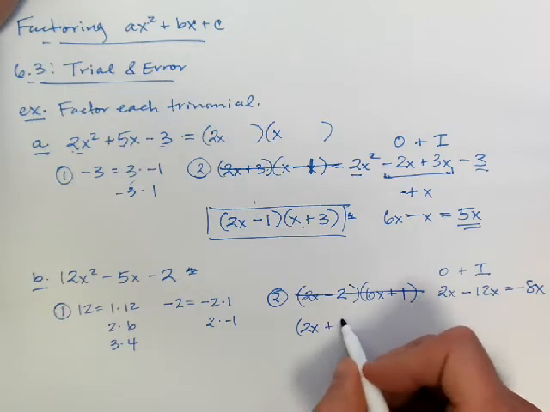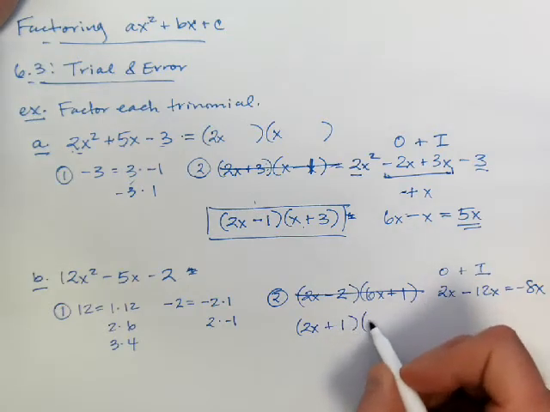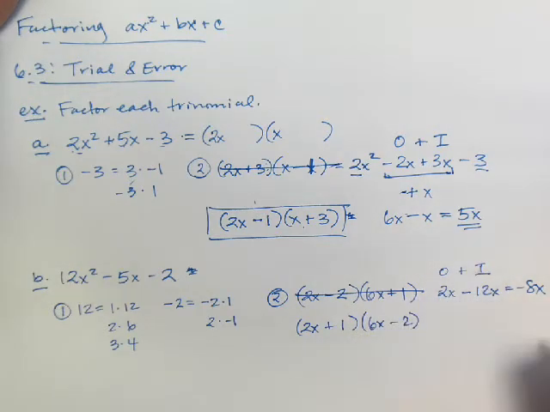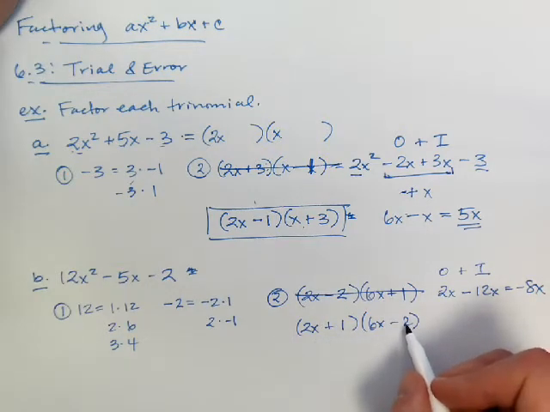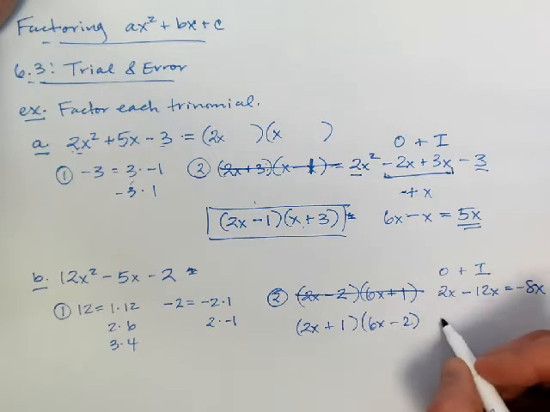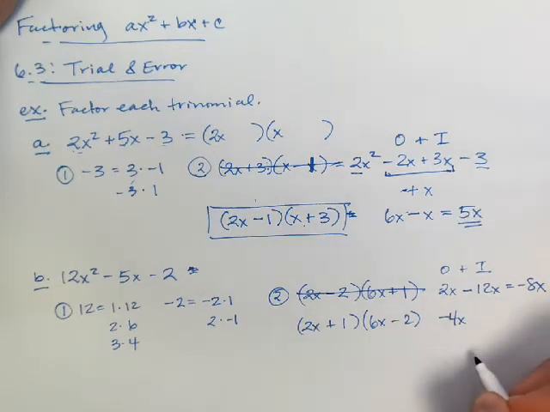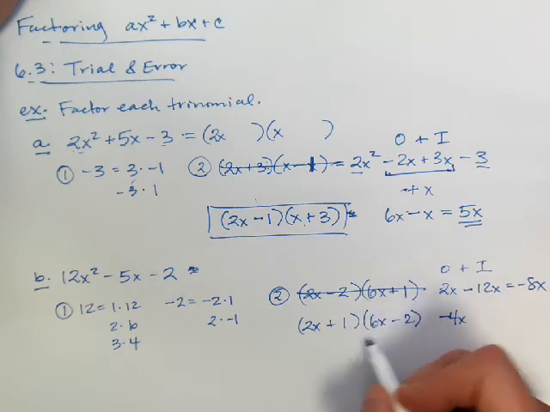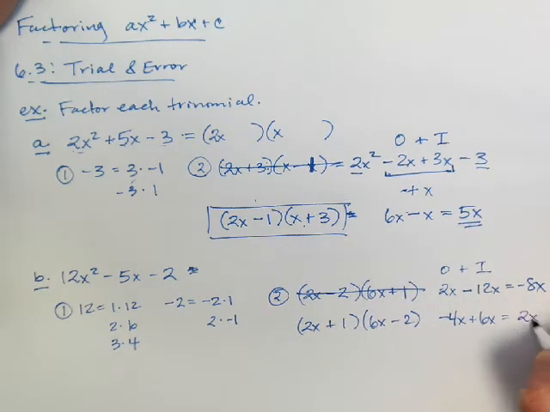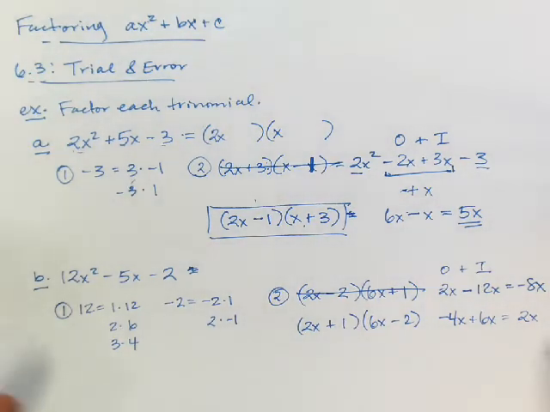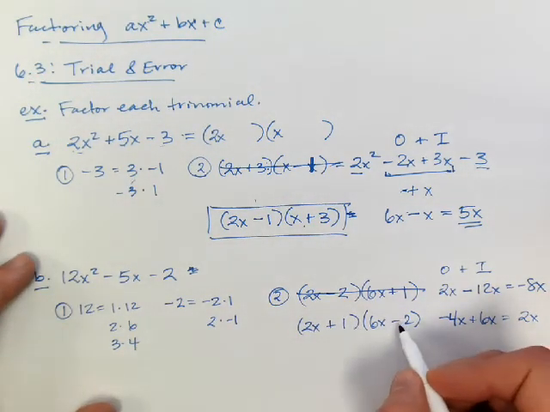So let's put a +1 with the 2x and put the -2 with the 6x. So now we get 2x times -2 for the outside. So that's -4x. And then 1 times 6x for the inside is +6x. You get a +2x. Dang it. Okay, so that didn't work.